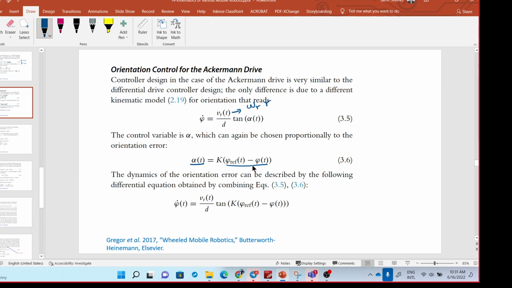Then this alpha is actually alpha desired if we consider it in control theory, alpha desired for the control at the actuator part.